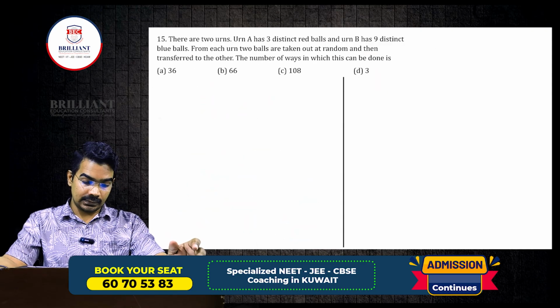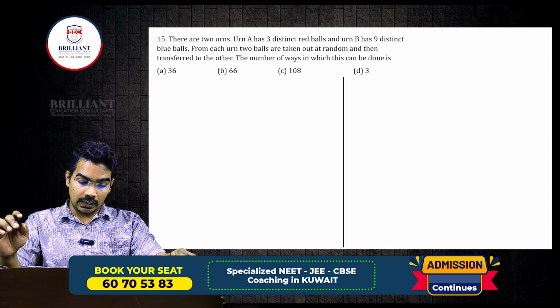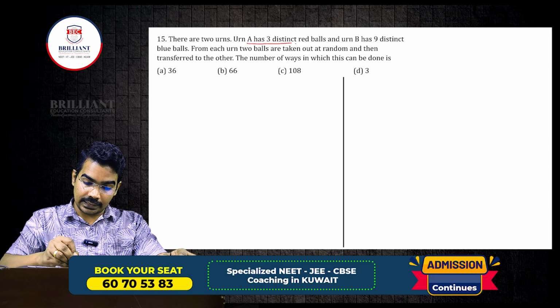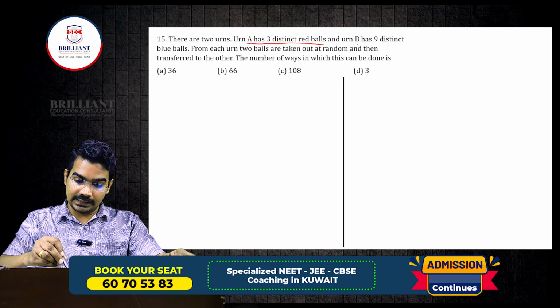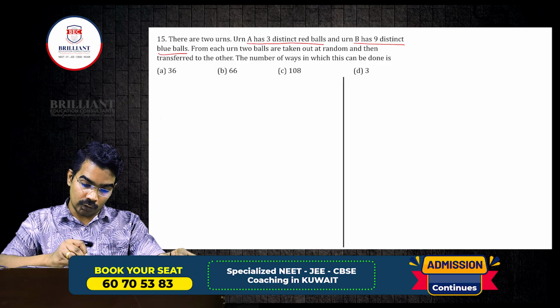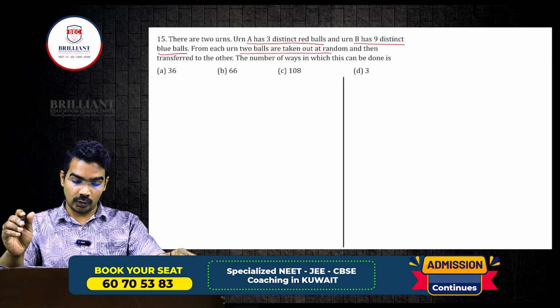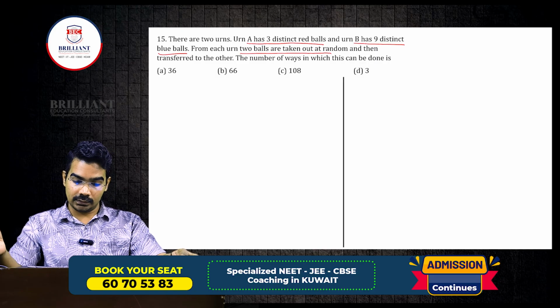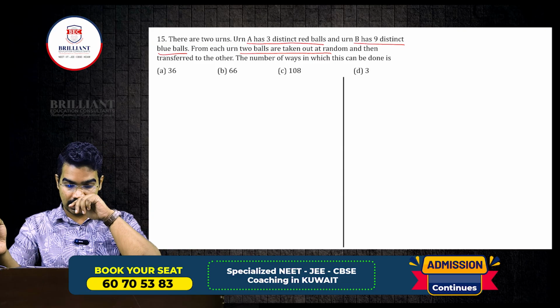So the next question is, there are 2 urns. Urn A has 3 distinct red balls and urn B has 9 distinct blue balls. From each urn, 2 balls are taken out at random, and then transferred to another. The number of ways in which this can be done.